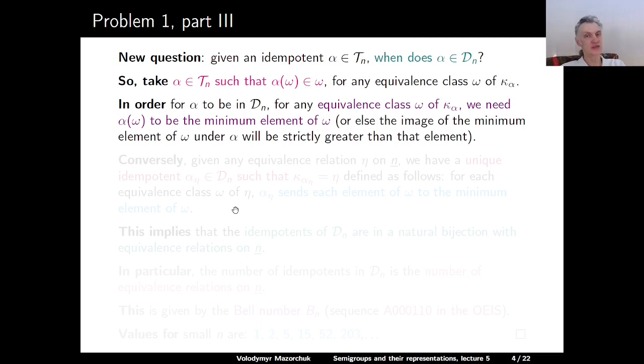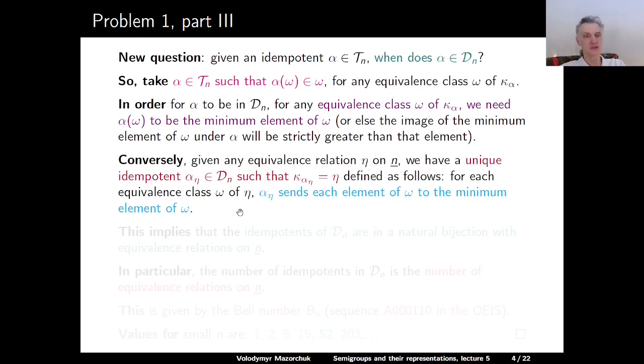Because if this is not satisfied, then the minimum element of omega will go under alpha to something which is strictly bigger than that element. So alpha cannot be order decreasing. So if we want to ensure that alpha is order decreasing, any equivalence class omega of the kernel of alpha should be mapped to its minimum element. And this is if and only if.